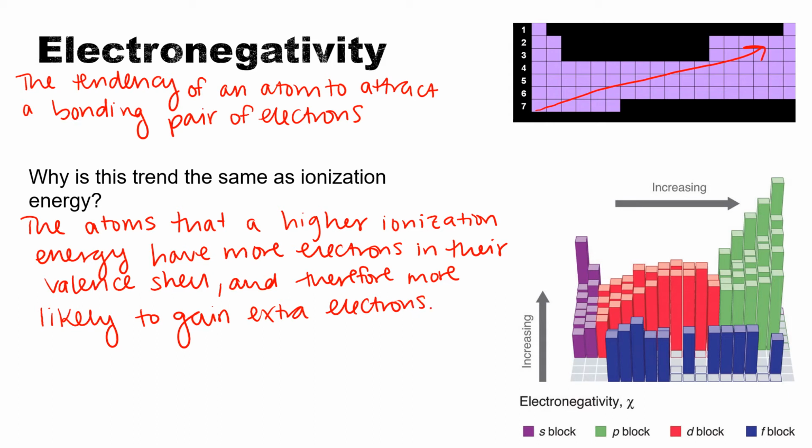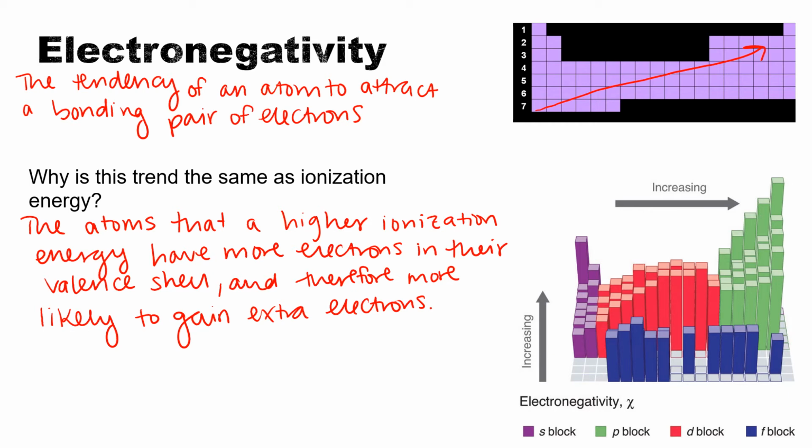This also explains why we see anions on the right-hand side of the periodic table. Remember, anions are those negatively charged ions. So those nonmetals, because they have more electrons in their valence shell, are more likely to gain those extra electrons.